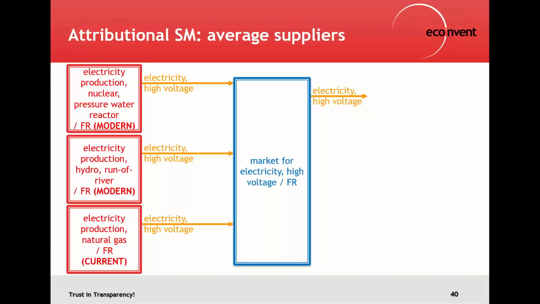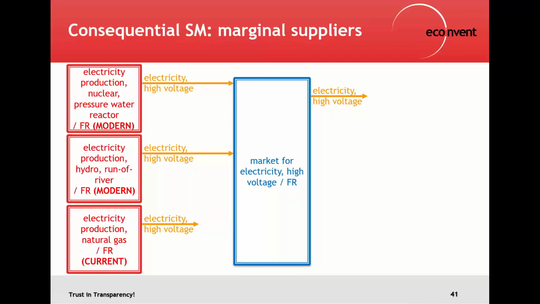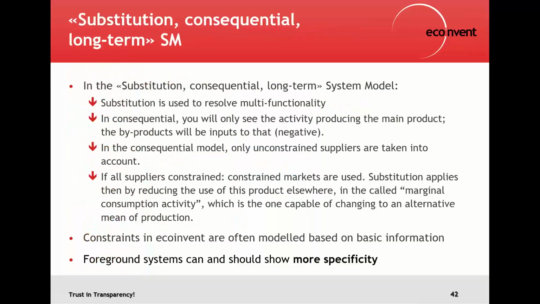So in the attributional system model, just as a reminder, all technologies will contribute to the market with their relative production volumes. In the consequential, only the marginal suppliers, so in this case, only the 2 technologies that are considered modern, that are considered capable of adapting their capacities and adding capacities in a growing market, will be contributing to the market. So the market composition, again, will be different in the consequential than in the attributional system models.